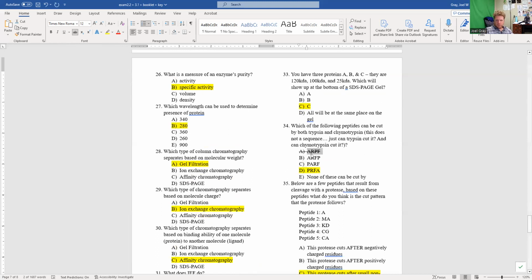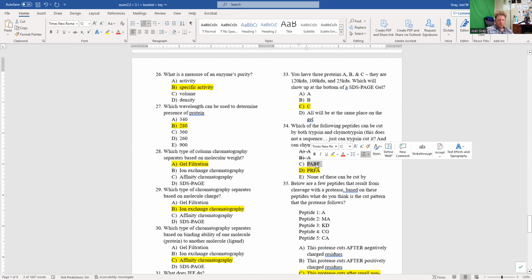So A is out. B, ARFP. Okay, so we've got our arginine, positively charged residue. Then we've got a phenylalanine. So trypsin can cut this, so that's good. But can chymotrypsin? Well, chymotrypsin is looking for a phenylalanine. We have a phenylalanine, and then we have a proline. So chymotrypsin cannot cut B for the same reason that it could not cut A. Now C, PARF.